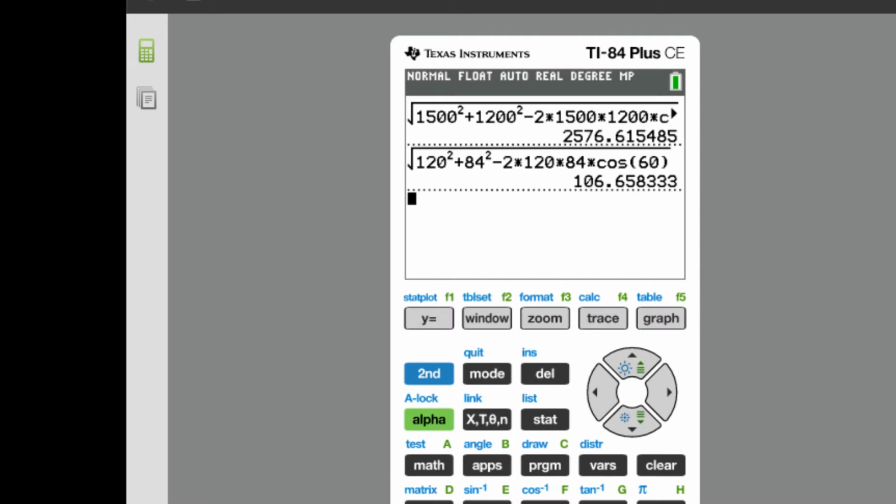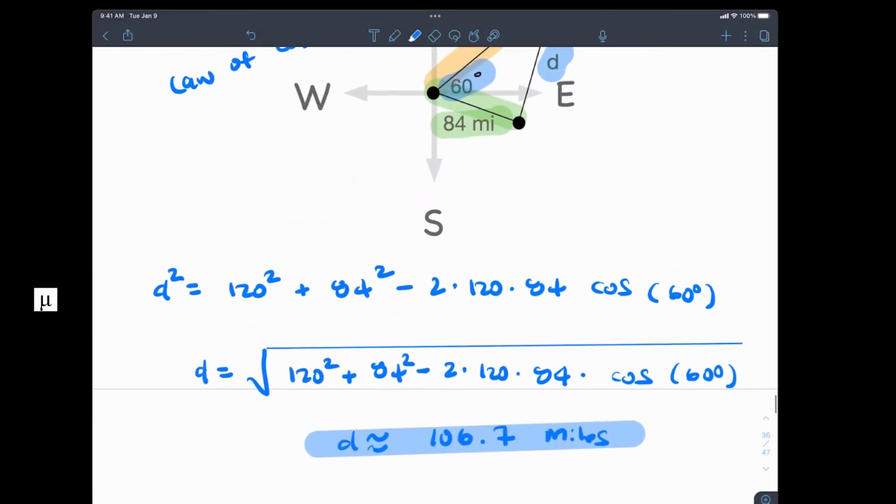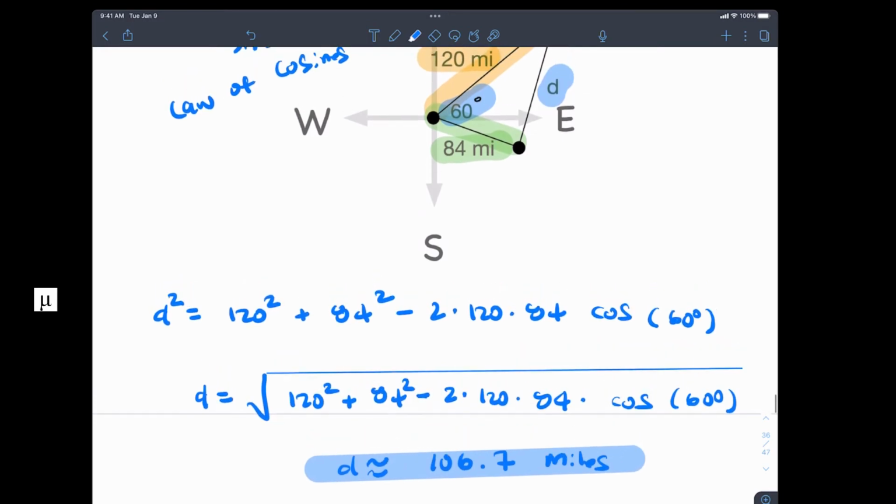D is 106.7 miles here, ladies and gentlemen. So here we go.